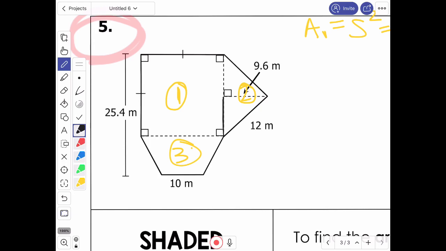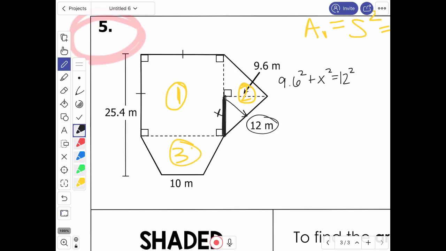Okay. If I can figure out what this now black bolded line is, then I could add it twice to find exactly what one of these sides of the square is. So if I think about 9.6, that would be like my A. So 9.6 squared plus, I'm trying to figure out what this bolded line is. And then my 12 meters would be my hypotenuse because it's opposite from that right angle.